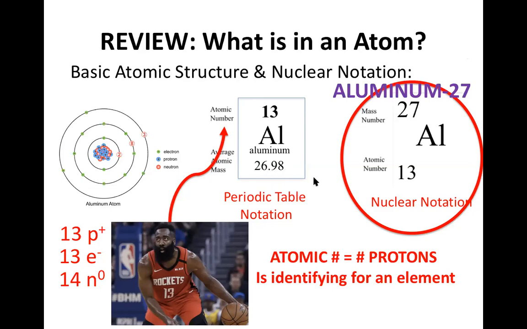And in fact, aluminum 27 is the most naturally abundant isotope of aluminum. And a very tiny fraction of the aluminum found in nature is aluminum 26, which is why when the calculation is done that considers its abundance and its mass, we get a number that's a little bit lower than 27.